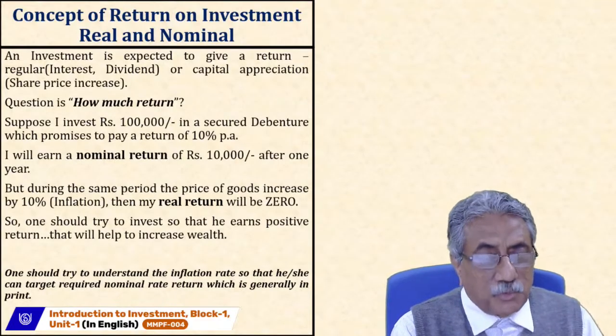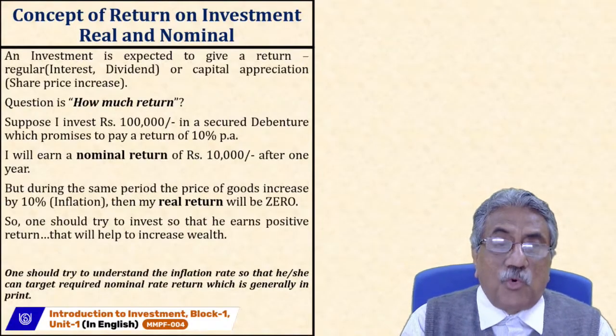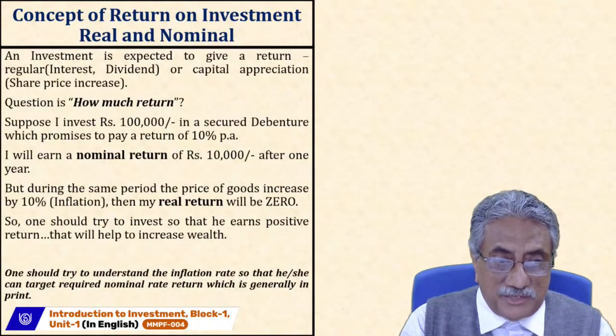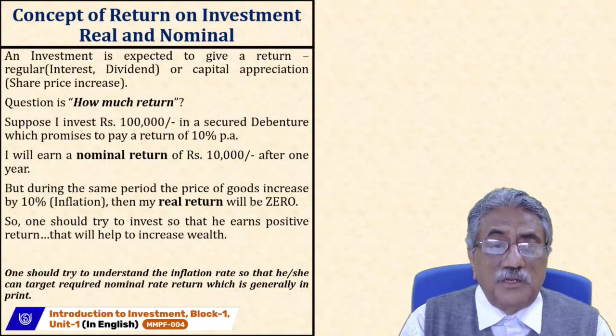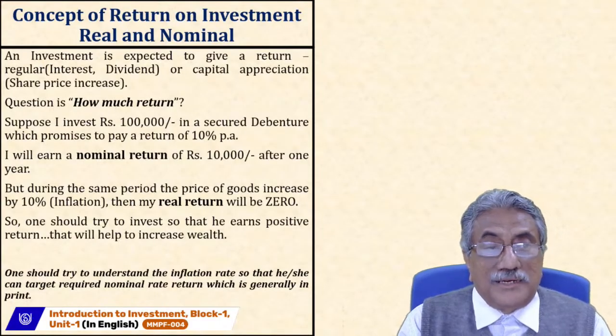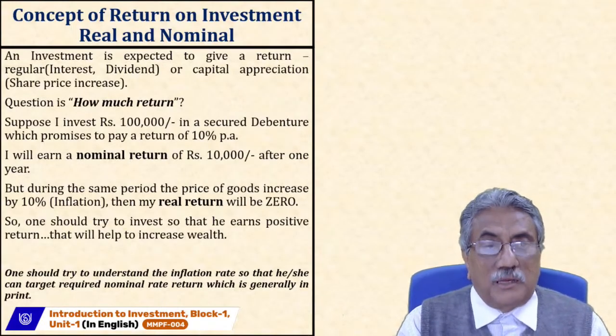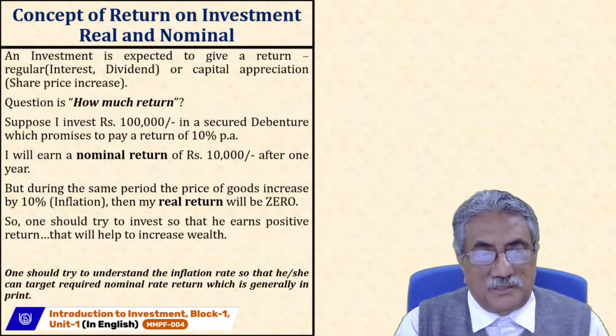So suppose the inflation is 6% and I want a real return, the difference between nominal and inflation, that is real return, I get 10%. So 6% is my real return I am getting on my investment.